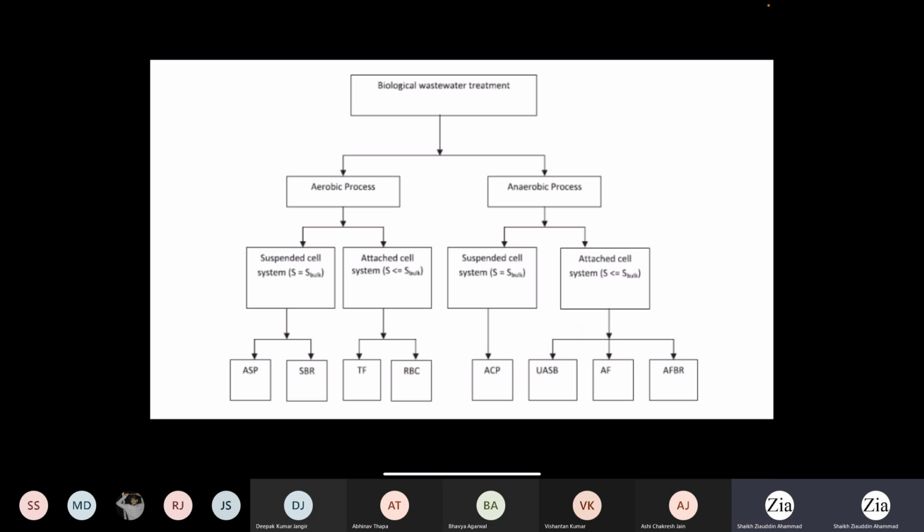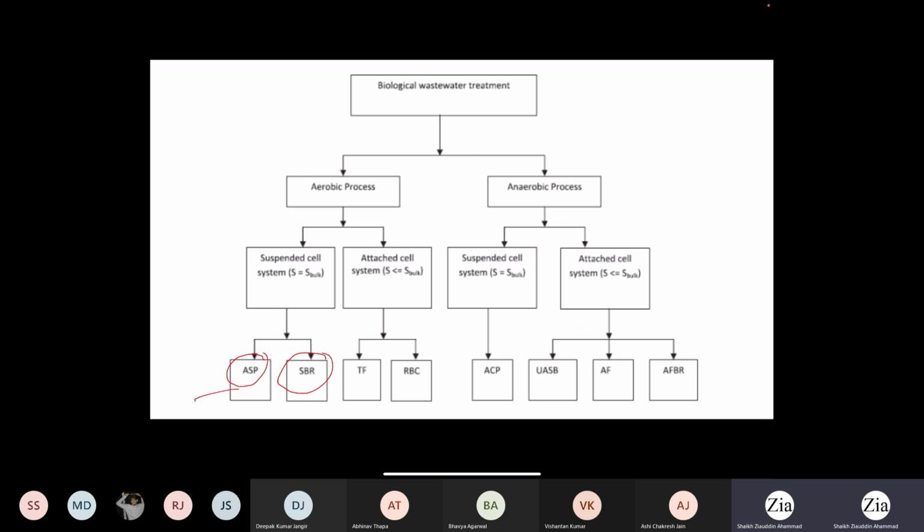Now, typically in aerobic process, activated sludge process is one of the common treatment system we use. Then you can have sequential batch reactor. So we'll discuss more on ASP. Then we'll give a little bit of description of sequential batch reactor.